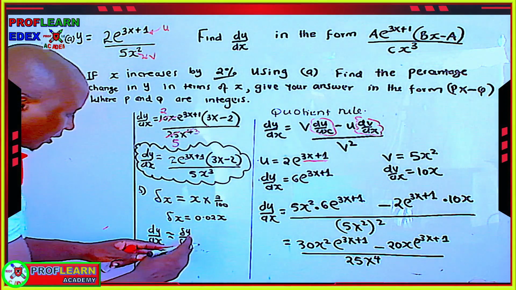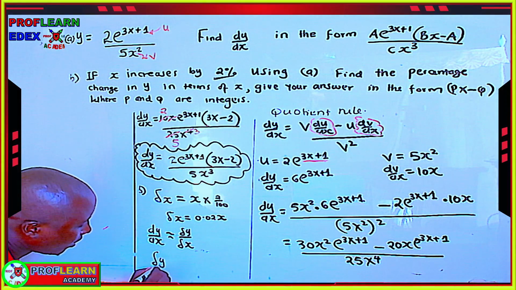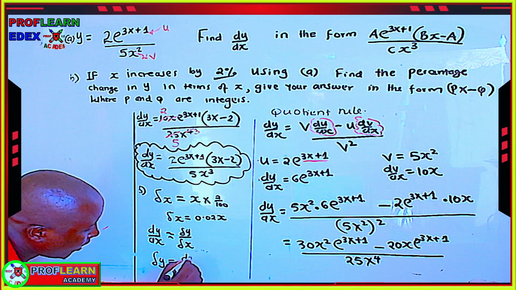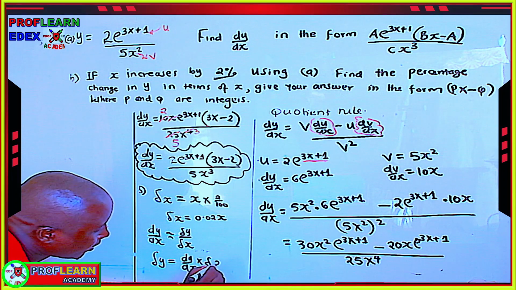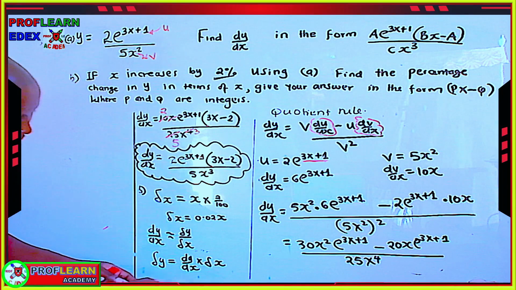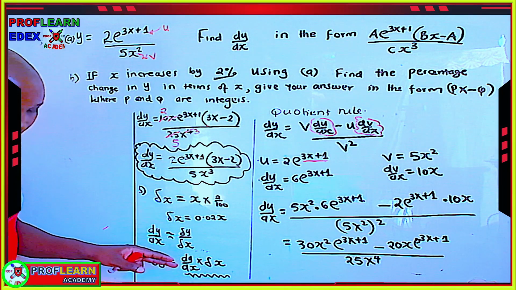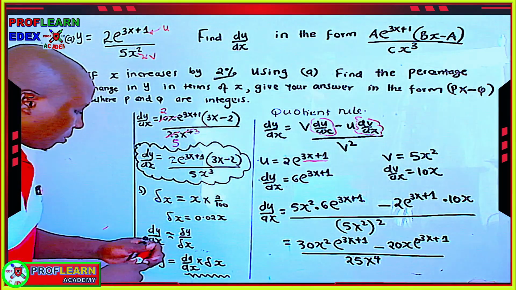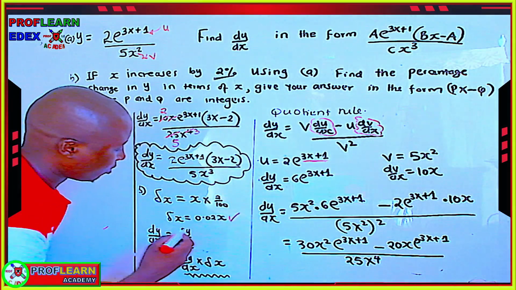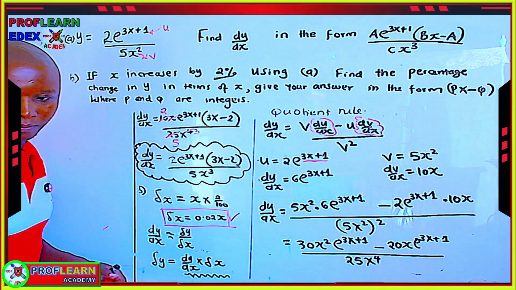So we can rewrite this equation and say small change in y is going to be dy/dx times small change in x. So if you are working out the small change in y, you need to use dy/dx, then you multiply the small change in x.